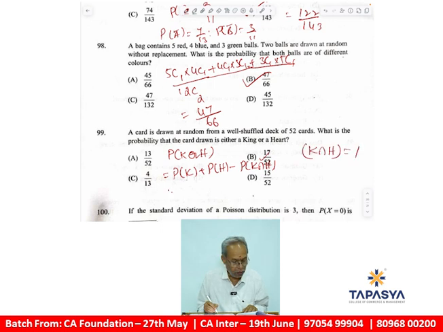So substituting, king will be how much here? 4 by 52. How many hearts will be there? 13 by 52. This is 1 by 52. This is 16 by 52. You will get 4 by 13. So the right answer is C.